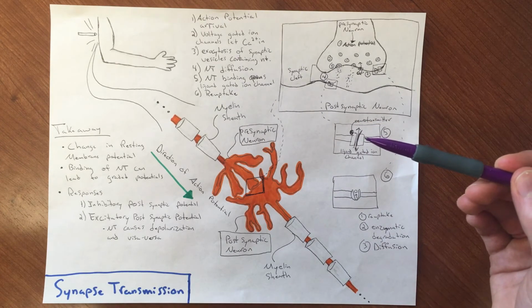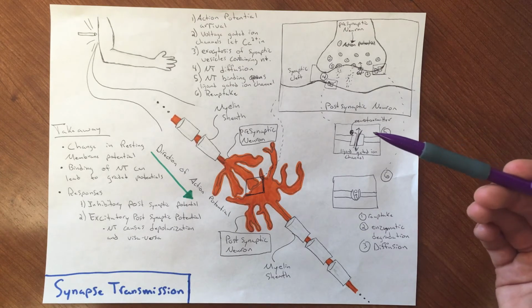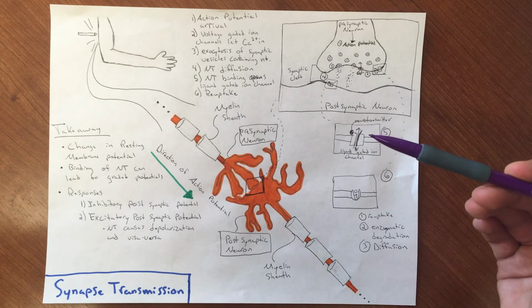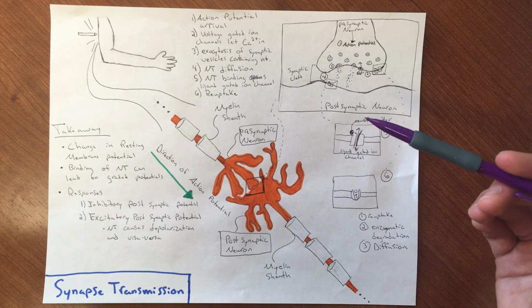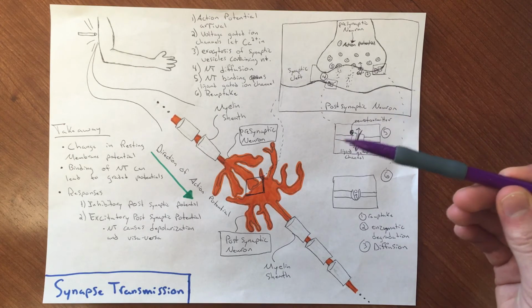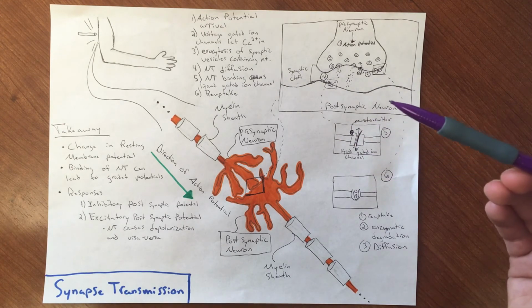This can trigger a graded potential within this postsynaptic neuron. It can make this postsynaptic neuron either excitatory or inhibitory, and I'll talk about that in just a second.